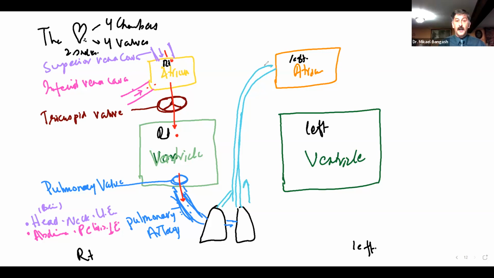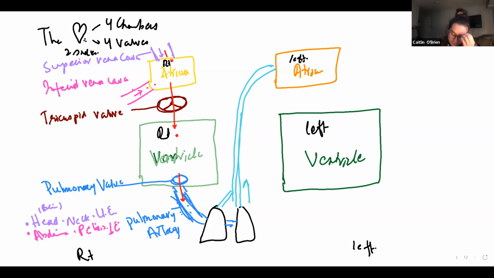Now, which side of the heart? That is going to enter the left side of the heart, or the left atrium. Is that clear?